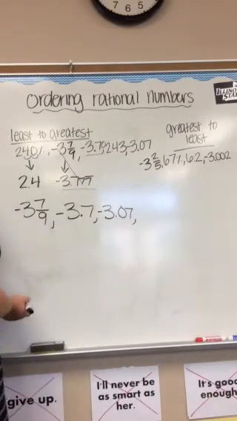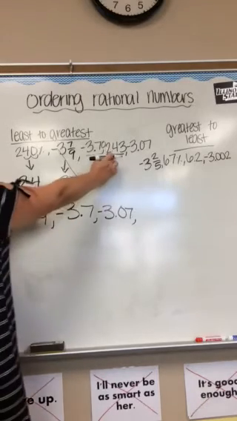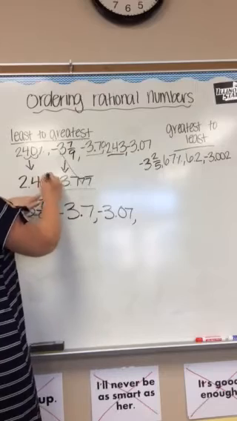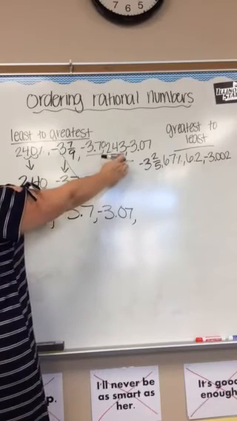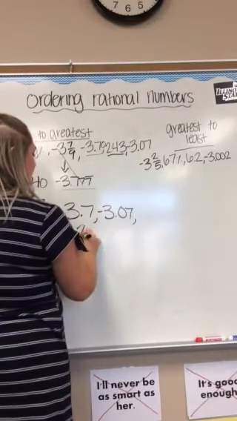Then we go into our positives and we have 2.7, 2.43 and 2.4. The tenths place is the same. So then we go, remember this is going to be a 0. Then we go to our hundredths place and we have a 3 and a 0. So now the smallest as a positive number, we're going back to our positive numbers. We've crossed over 0. We have 240%.